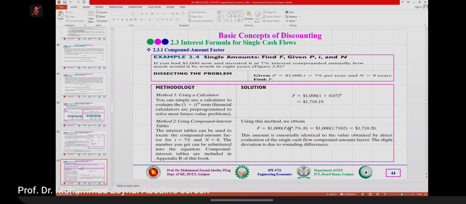But you have to write F by P here to find out the value from the table. Comma, I is the 7%, capital N is the 8. Okay. Now why are you getting the value 1.7182? Let's see in the table. Okay. But mind it that 7% is the I value, 8 is the number N. And we are getting F by P, not P by F.